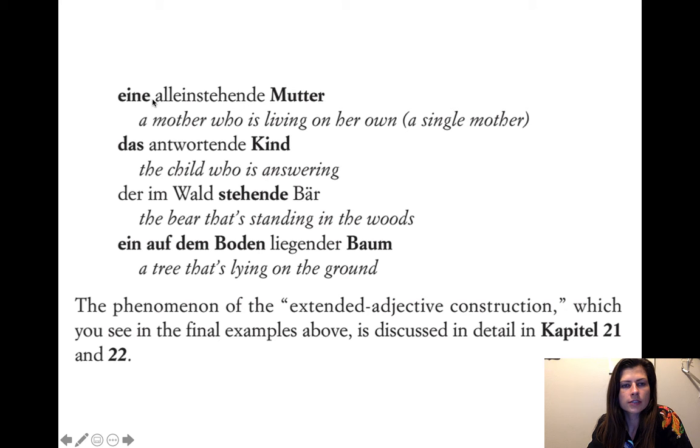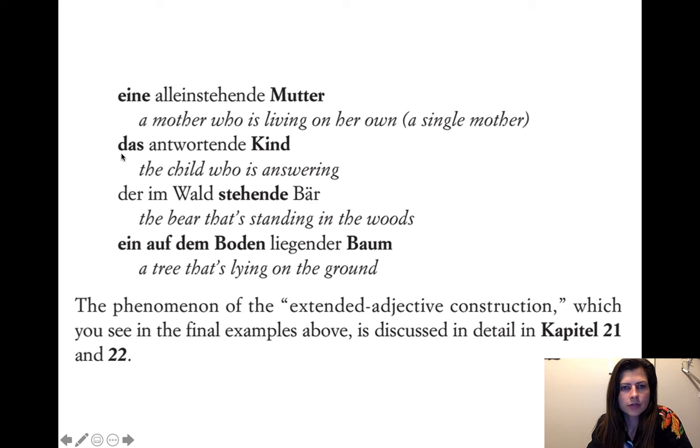So it's really saying a single living mother or a standing alone mother. But a standing alone mother is not a very good translation. So you can say a mother who is living on her own, because alleinstehen is actually talking about being alone, right? So a mother who is living on her own.